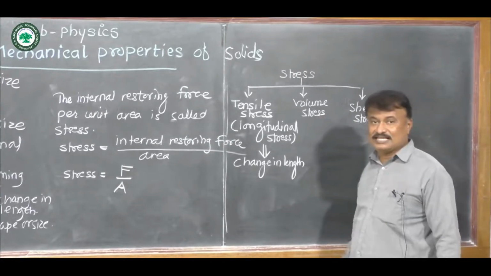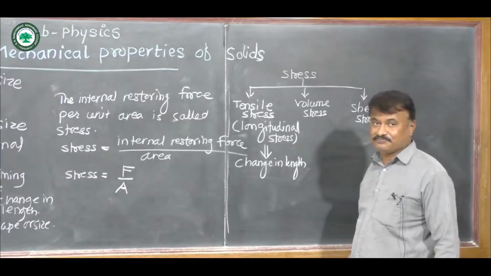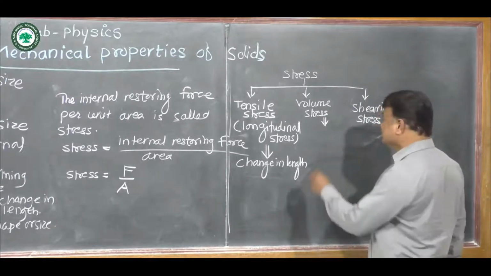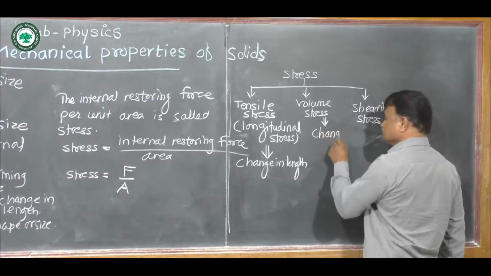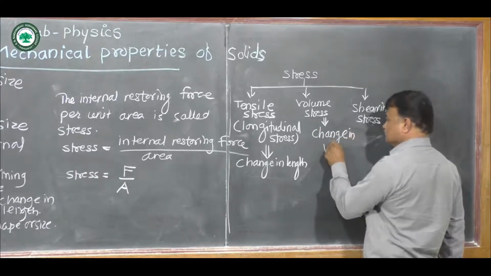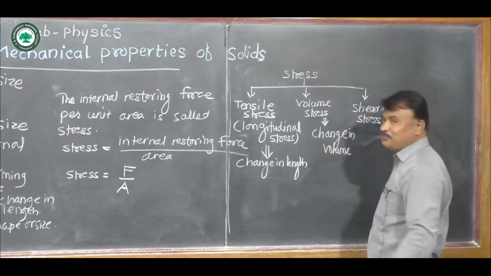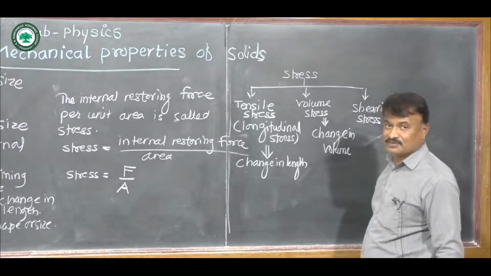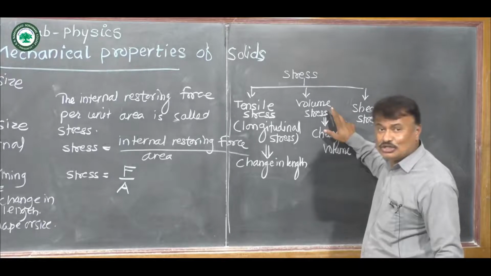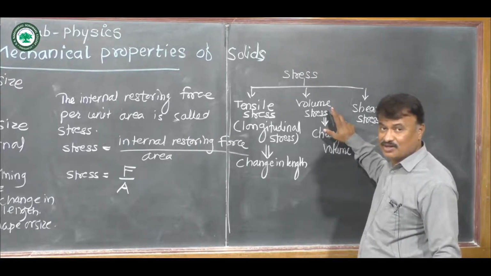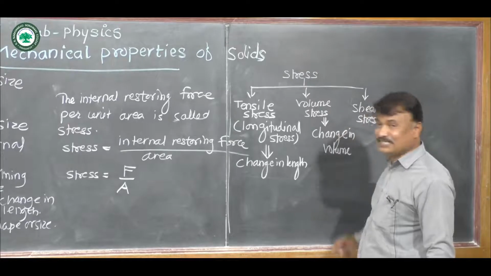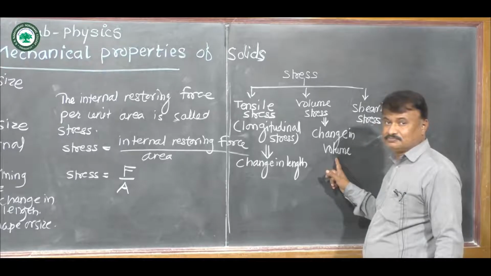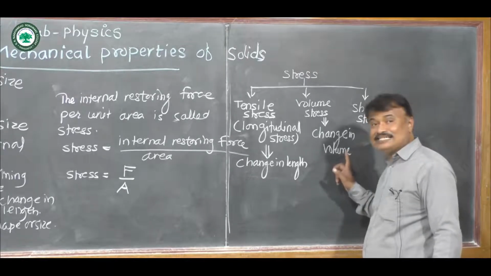Now another type of stress, volume stress. When deformation consists of change in volume, then the corresponding stress is called volume stress. It is also called hydraulic stress or hydrostatic volume stress, because this is related with the change in the volume, not in change in the shape.